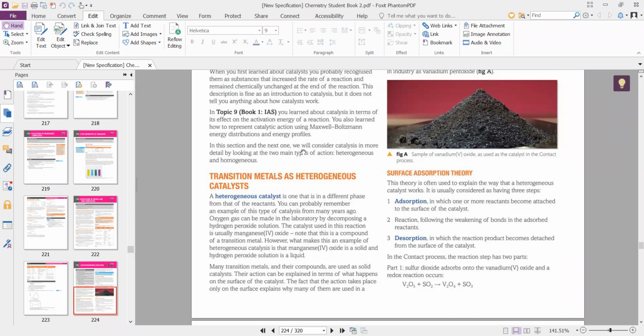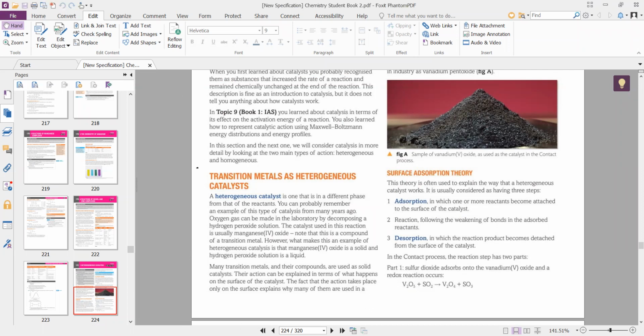And their action can be explained in terms of what happens on the surface of the catalyst.